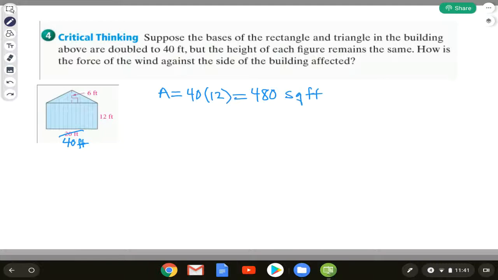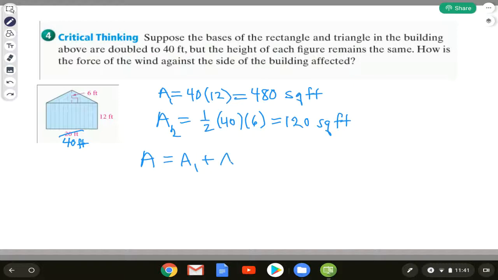The area of the triangular part would be 1/2 times 40 times 6, so 20 times 6, which is 120 square feet. My total area of the side of the building would be those two added together, which gives me 600 square feet.